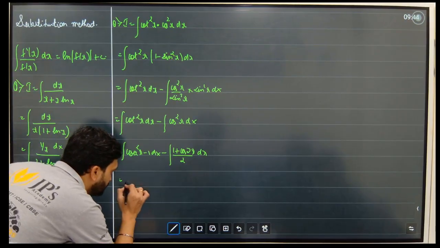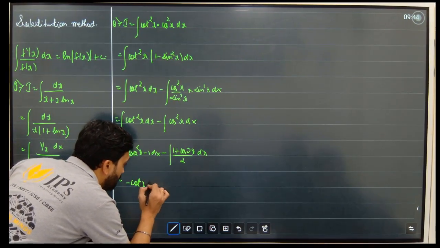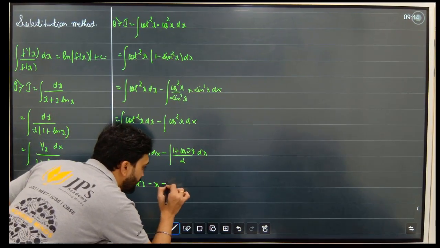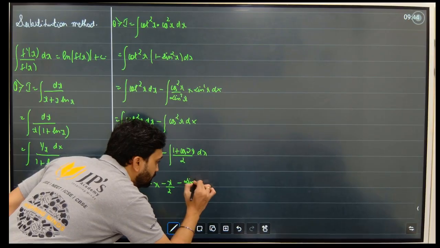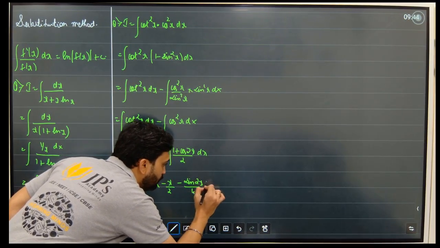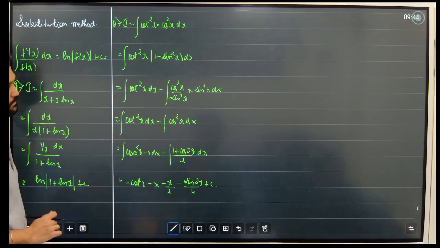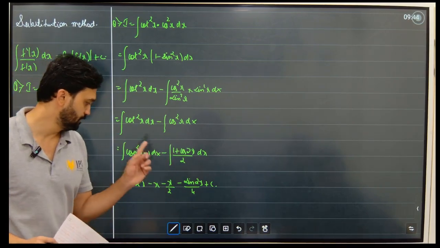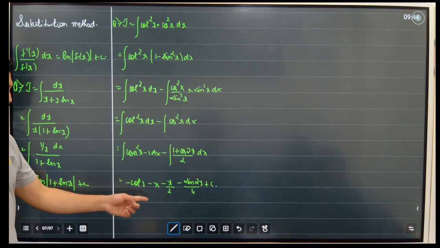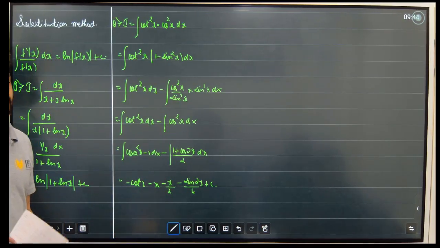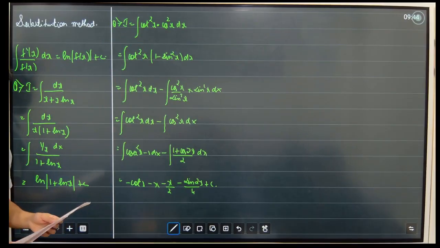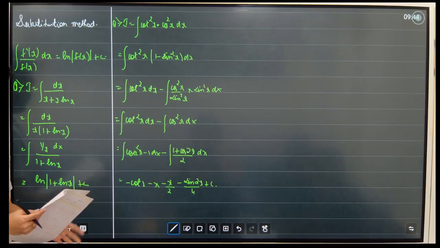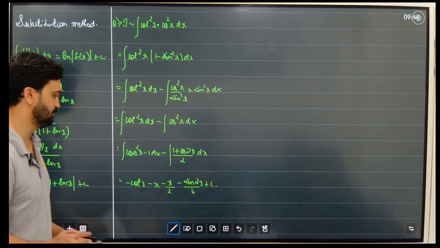Now the integration of cosec square x is minus cot x minus x, and minus half of the integration is minus x by 2 minus sin 2x by 4 plus c. So this is how we approach this sum, a very basic sum, no substitution required, and this is how you get the answer.